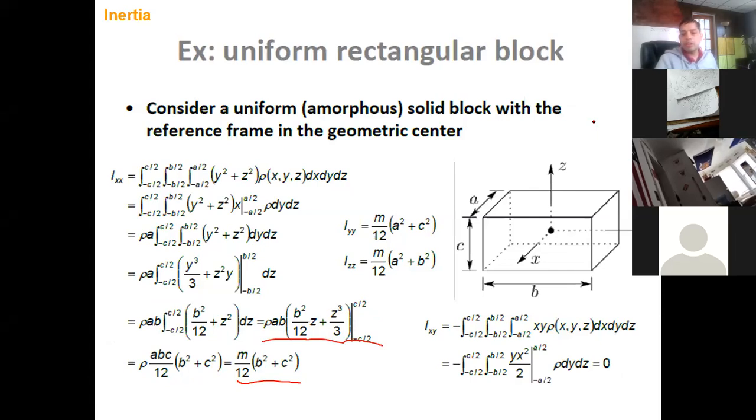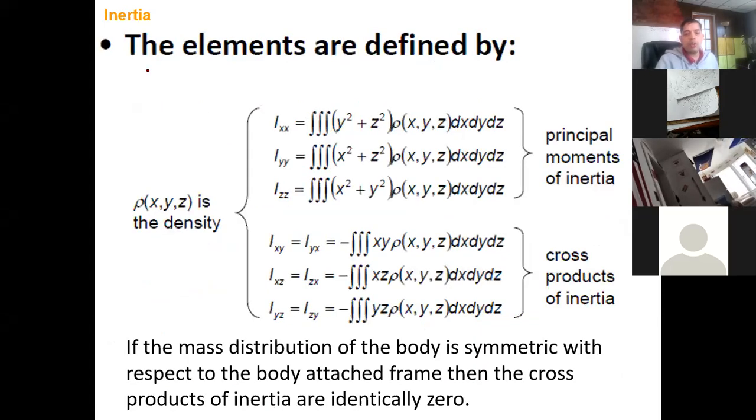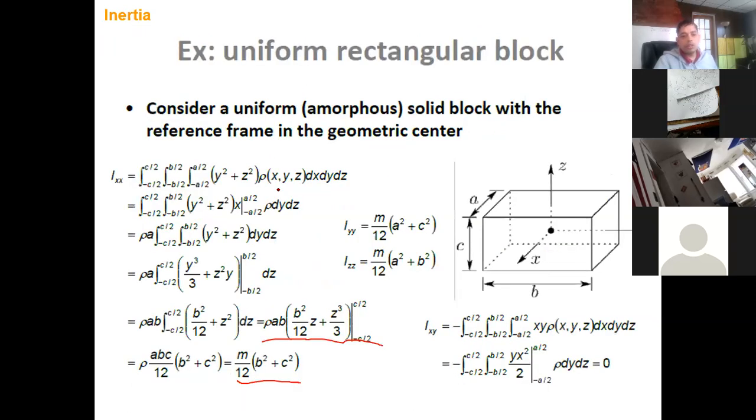I think so. Okay, now we did just only one. So we're done with this IXX. Now we have to do all those 9, actually 5 now, because they are exactly the same, right? So we have to do all those 5. Even though we have to do all 5 in principle, we can conclude that if IXX is B square plus C square times M over 12, then what do you think IYY would be? So XX meaning, if you have XX, then you have B square plus C square.